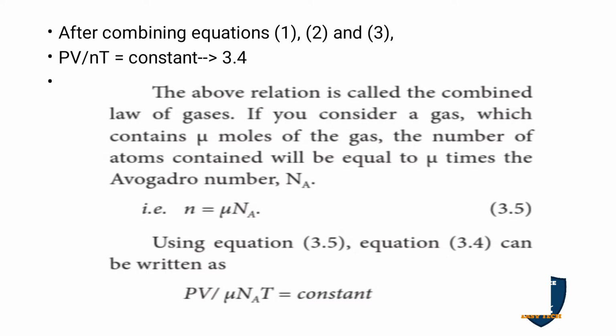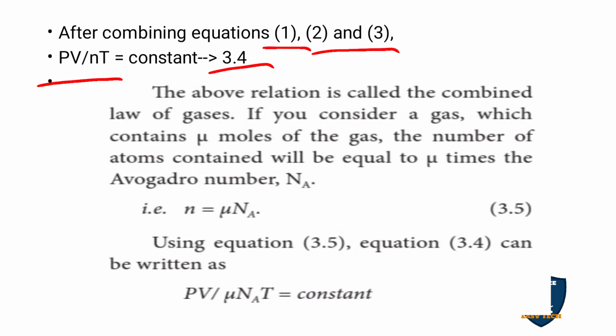After combining these laws, the first, second and third equations, we get PV by NT is equal to constant. This is the fourth equation, 3.4.